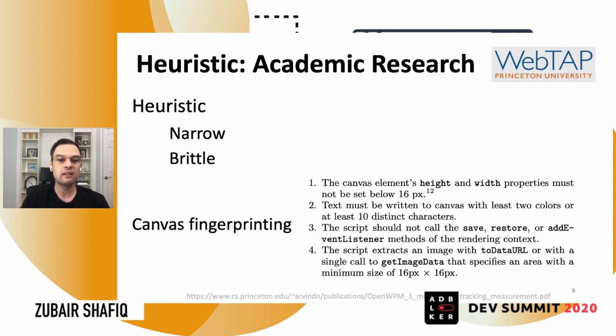And as you can see, this heuristic is making arbitrary choices on whether the canvas element width or height is larger than some arbitrary value. The goal of this heuristic is to avoid false positives. However, these kinds of arbitrary choices make these heuristics quite brittle. So when fingerprinters change the way they operate, these heuristics break. So they need to be continuously tweaked and maintained to be effective.